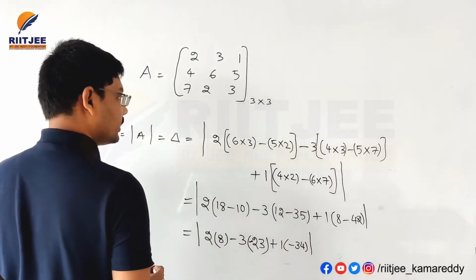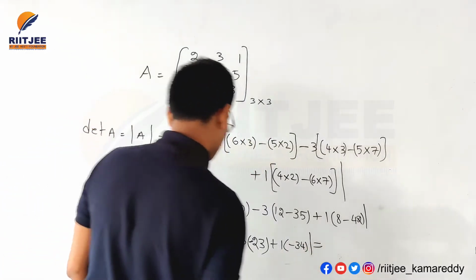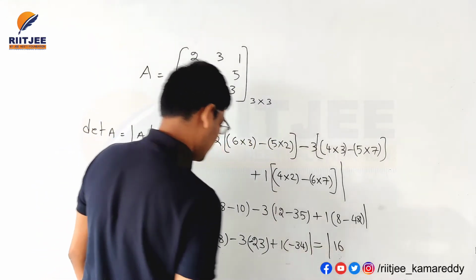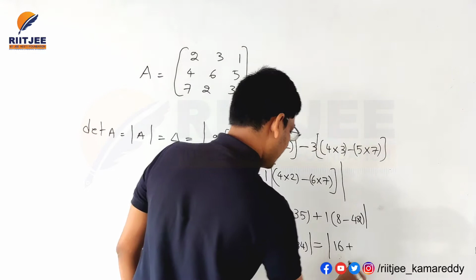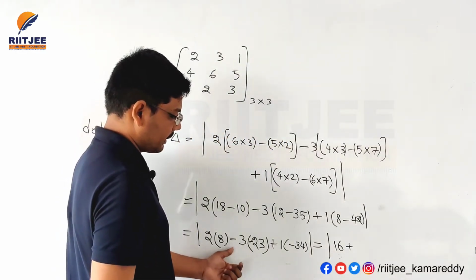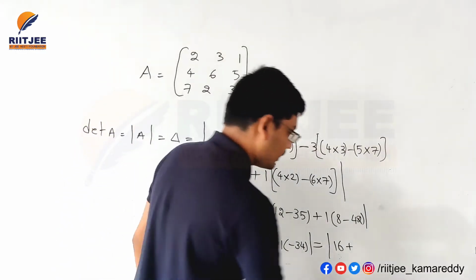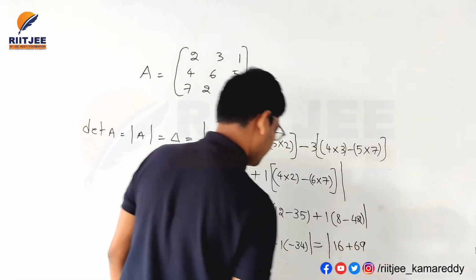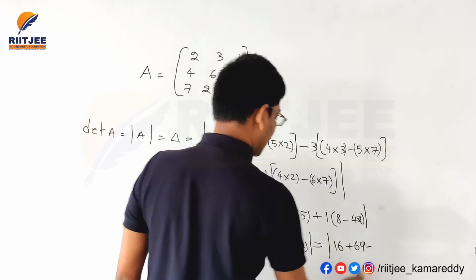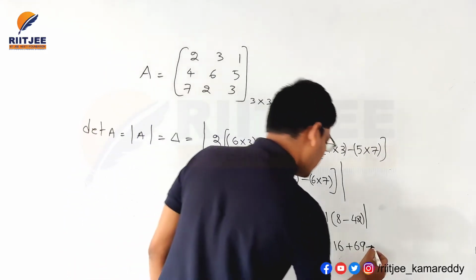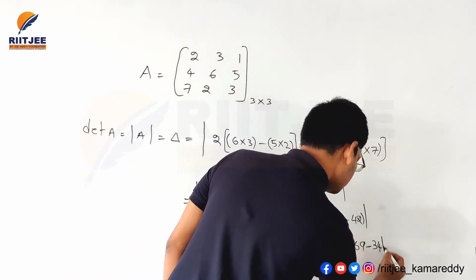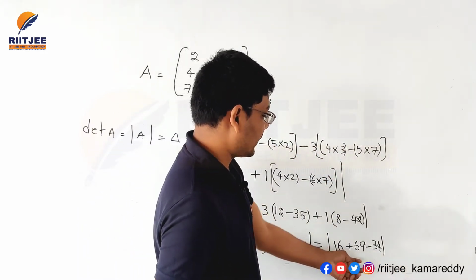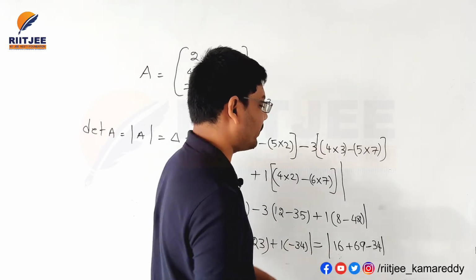Modulus is closed. Next, modulus of 2 into 8 is 16, then minus into minus becomes plus, 3 into 23 is 69, and minus 1 into 34. Finally, we add 69 plus 16, that is 85.